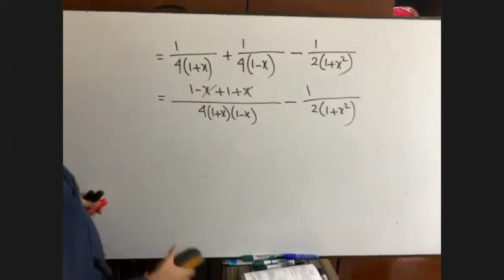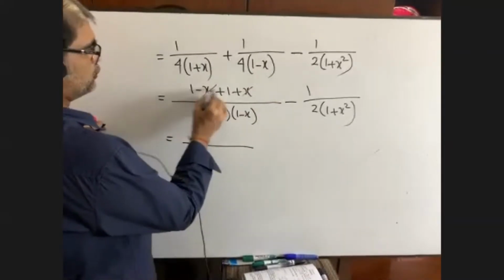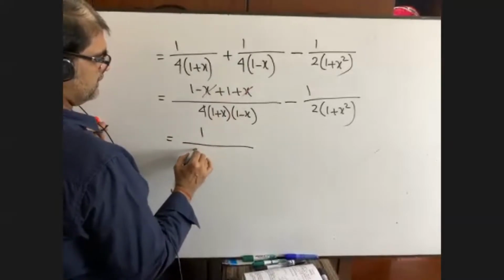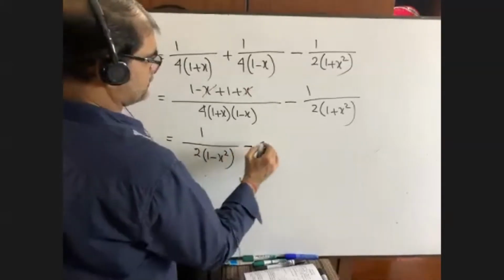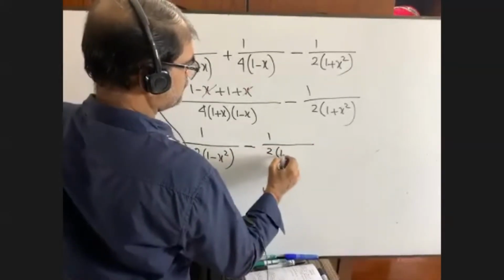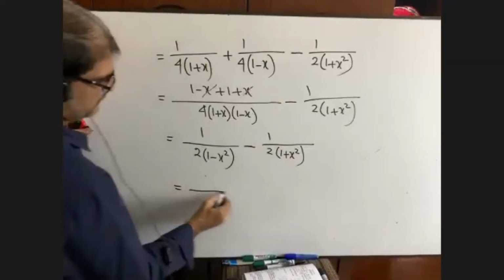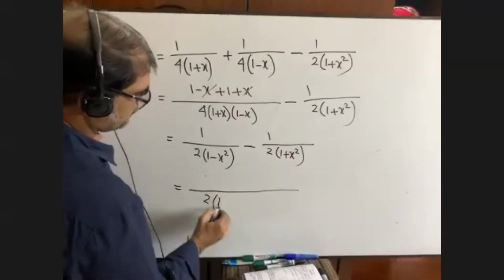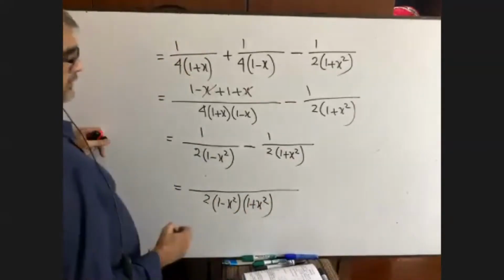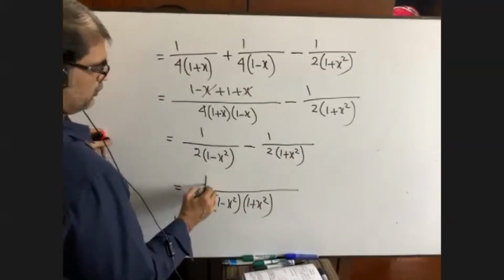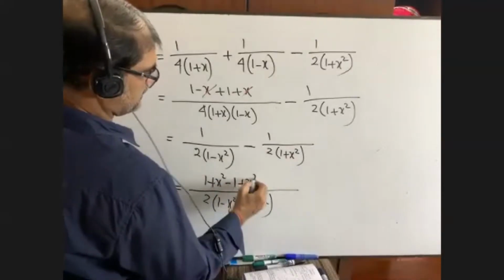We are getting 2 by 4, that is 1 by 2 into 1 minus x square, minus 1 by 2 into 1 plus x square. With LCM 2 into 1 minus x square, 1 plus x square, we are getting 1 plus x square minus 1 plus x square.